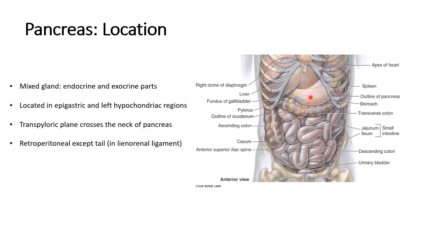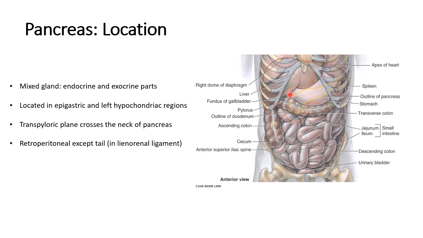It's found in the epigastric and left hypochondriac regions of the abdominal cavity, and usually the transpyloric plane runs through the neck of the pancreas, and that's why usually the head is below the transpyloric plane and the body and the tail are above the transpyloric plane.